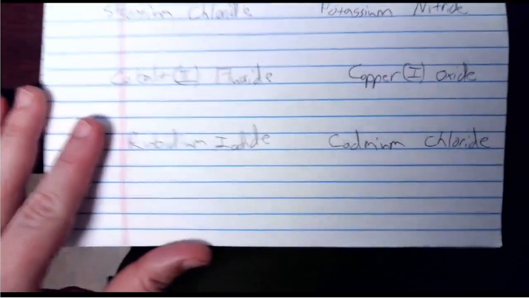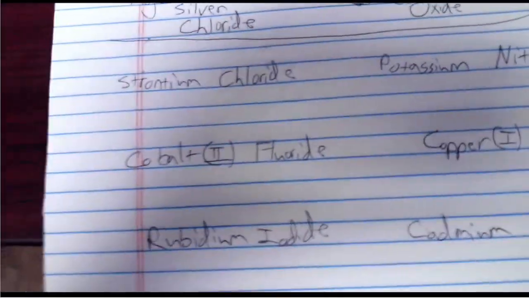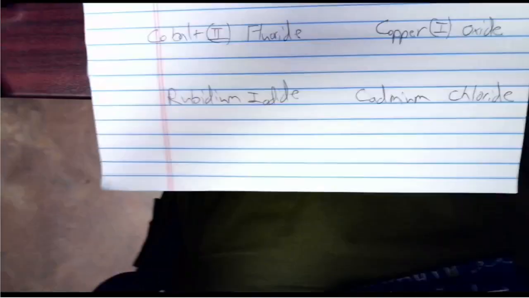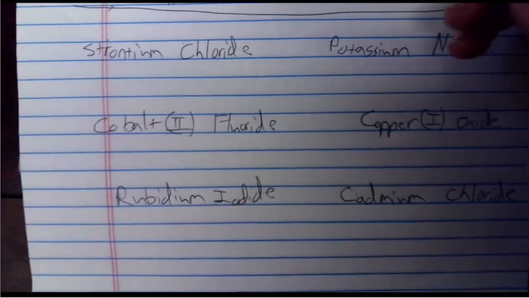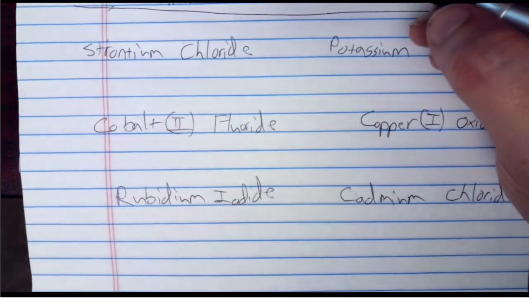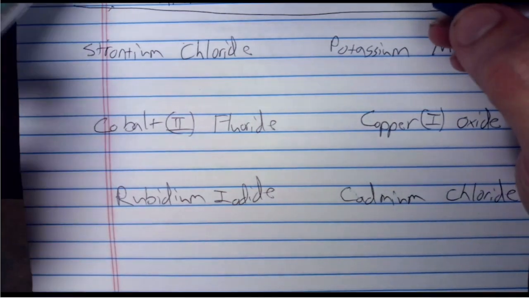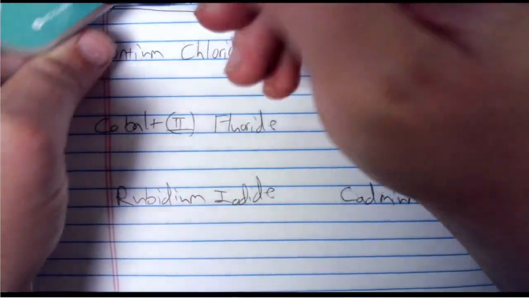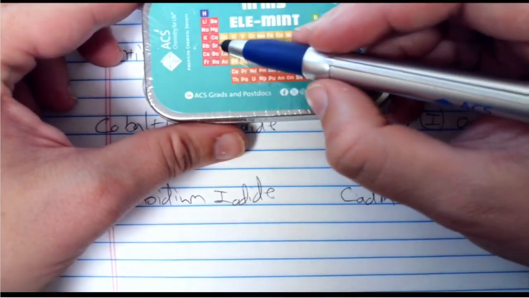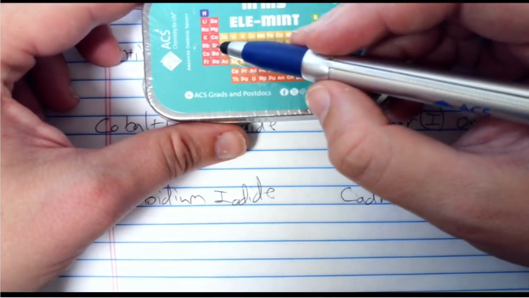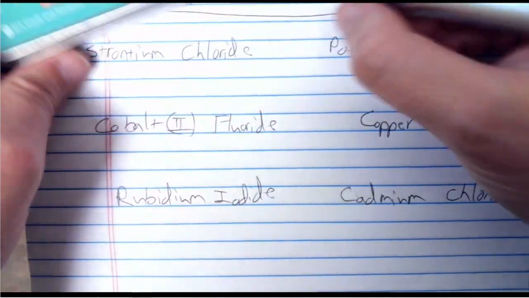How would we go from name to structure? Let's see, let me readjust. This is where it can be a little bit easier or harder depending on how you understand the periodic table. So strontium, we start with strontium right there, group 2. Chlorine right there, group 7.